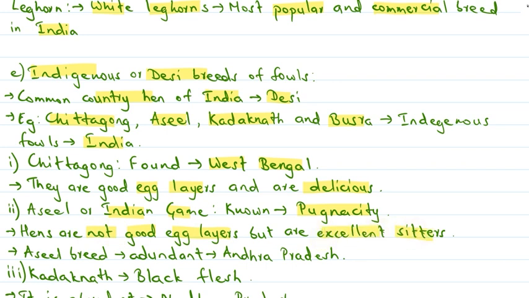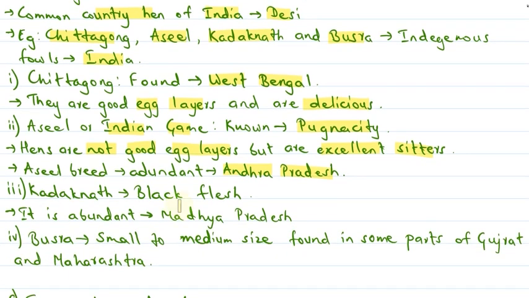Alright. So the Asil breed is found in almost all the states of India, but they are abundantly found in Andhra Pradesh. Okay, so there are 4 varieties under this, namely the Pila or the golden red, the Yakub, which is the black and red, Nuri, which is white, and Kajal, that is black. Okay, after that we talked about the Kadaknath.